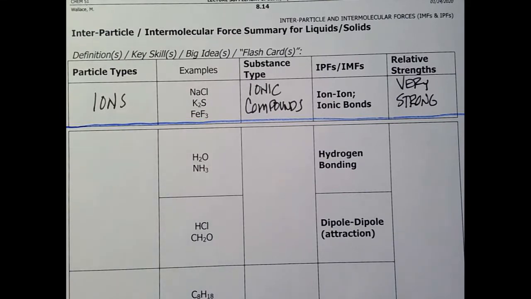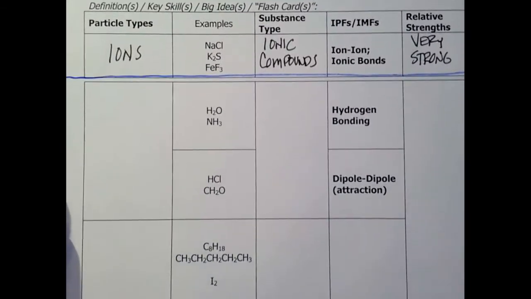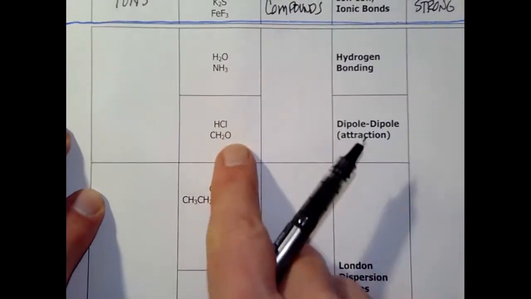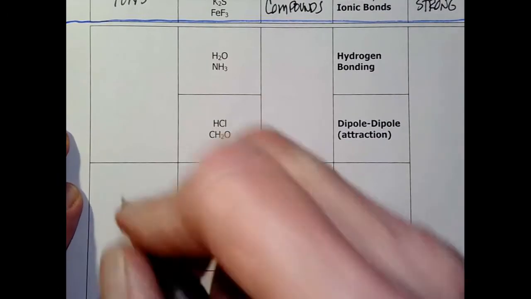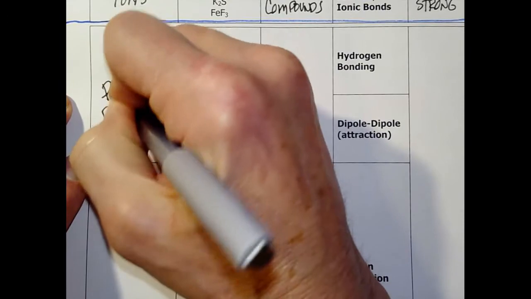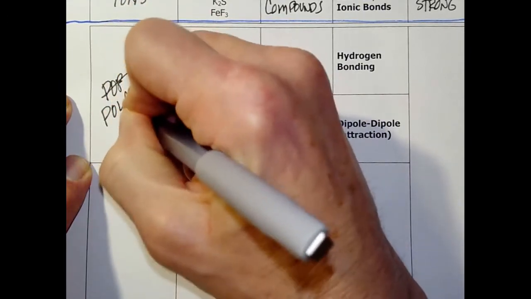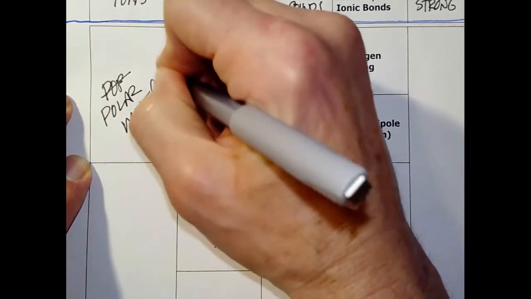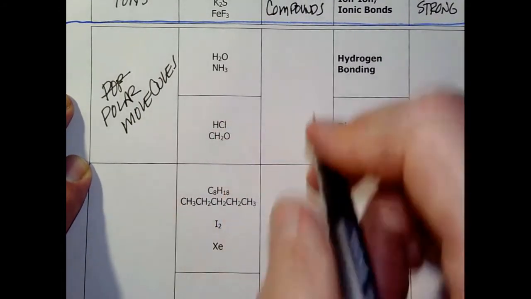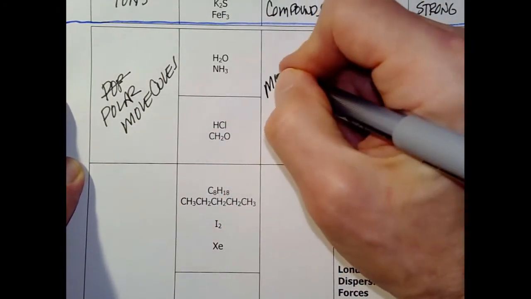Now, we're talking about particles not so strongly sticking together. Those are all polar molecules. So I could say the particles are polar molecules. And these are all molecular compounds.